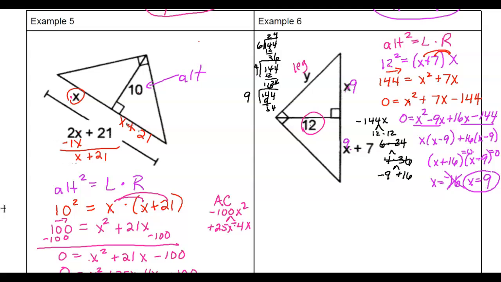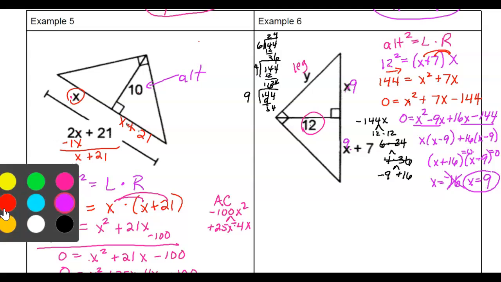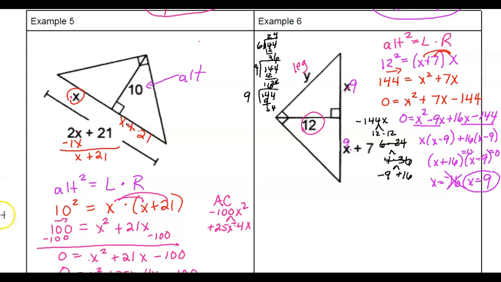So we found x, but now we need to find y. So that's a leg. So we have leg squared equals part times whole. So y squared equals the part that it's by, which is 9, and then the whole thing.